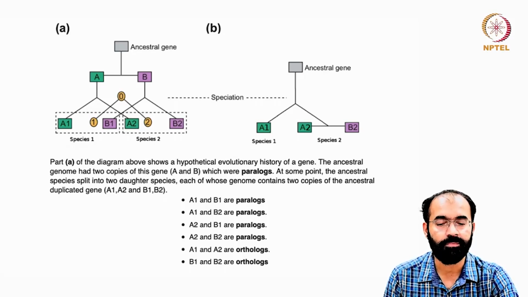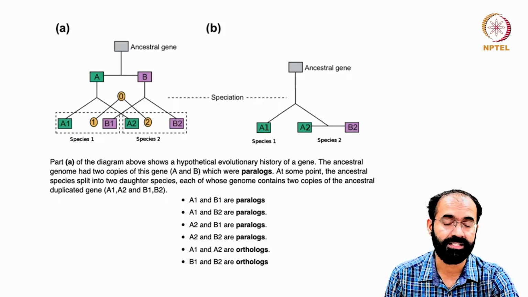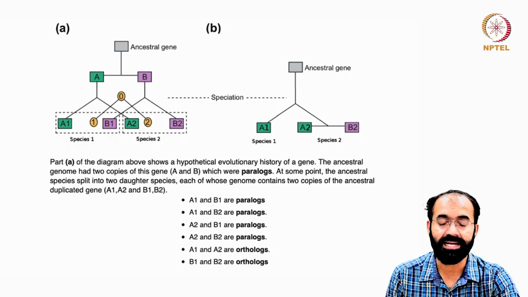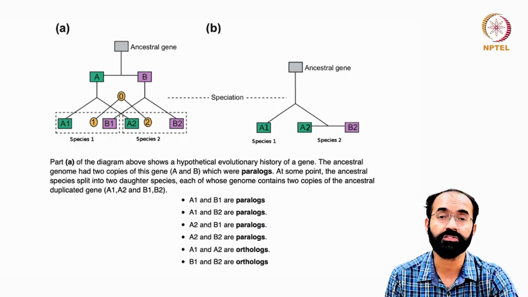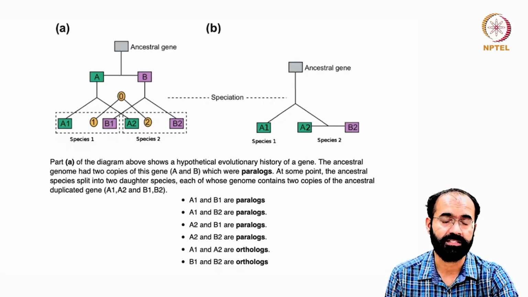So this diagram hopefully will make the point very clear to you. In this example here, you can see the ancestral gene, you have A1, say it is split into A and B, and now you have A1 in species 1, whereas in species 2 you have A2 and also a B2, because of this duplicated gene. In this case it's the ideal example, what you are seeing in the left hand panel, but in the right hand panel it is not the ideal situation, because when you have an extra function, just like your mother has a maid, doesn't mean that your neighbor also should have a maid, right?